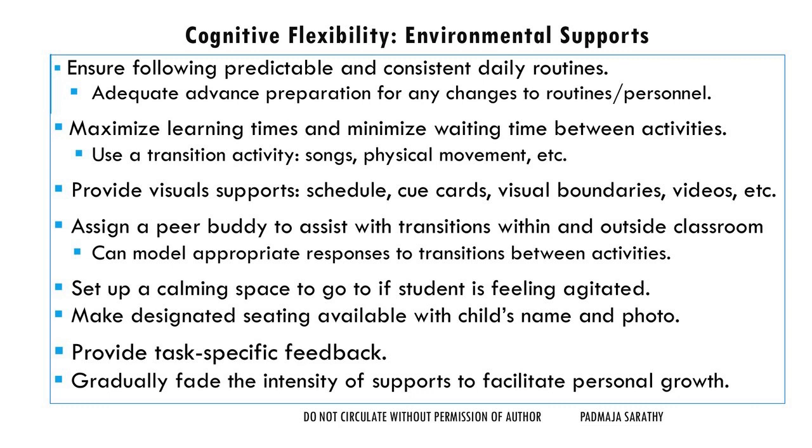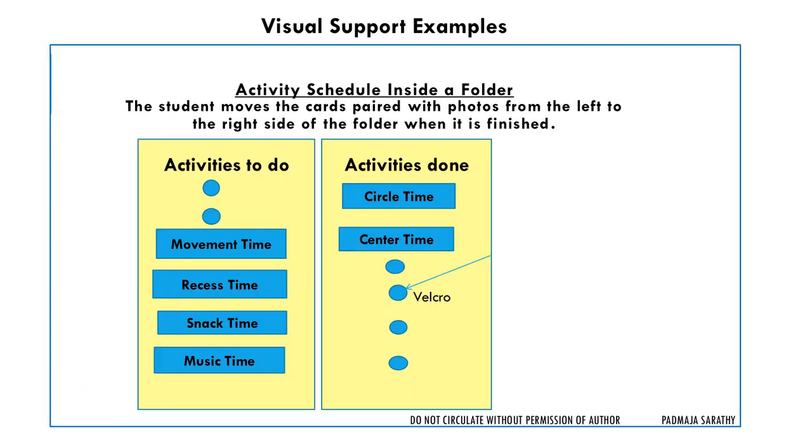And then also we have to make sure we provide task-specific feedback. Oh, I like the way you walk down the playground. Oh, good, you are lining up. That's wonderful. Let's walk nicely back to the classroom. And then how do we gradually fade, in the beginning fade, and then eliminate the intensive prompts that may be needed at the beginning stages of learning.